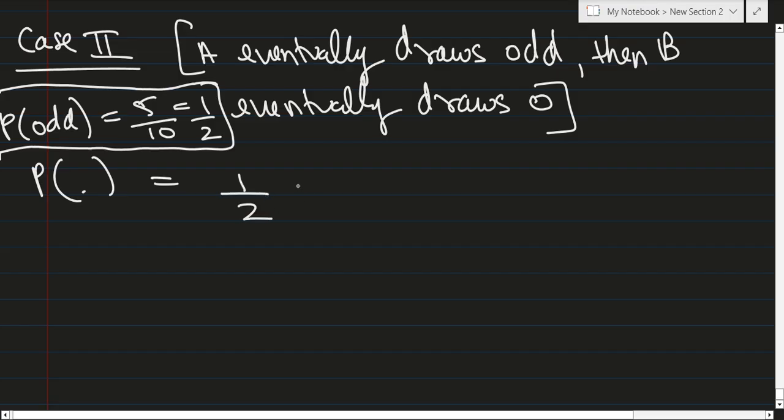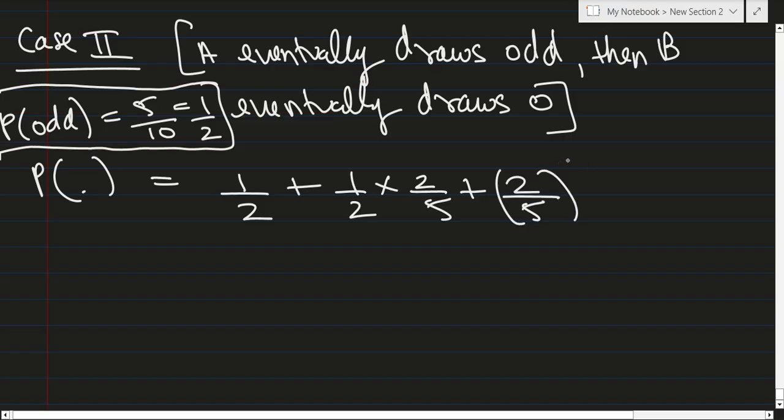That comes out to be 1 by 2. Or it can happen that A draws an odd number in the second attempt. So before that he draws an even number, that would be 2 by 5. Now A draws odd in the third attempt, and so on.